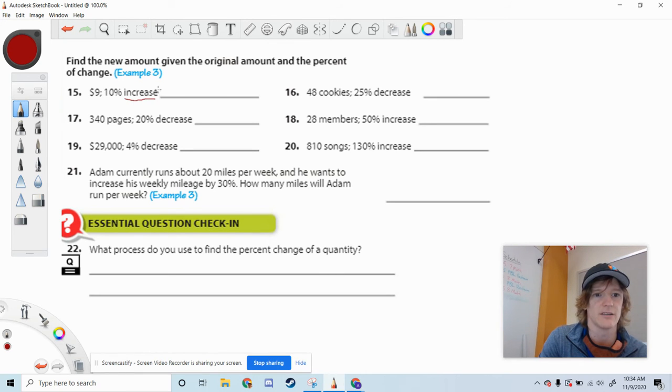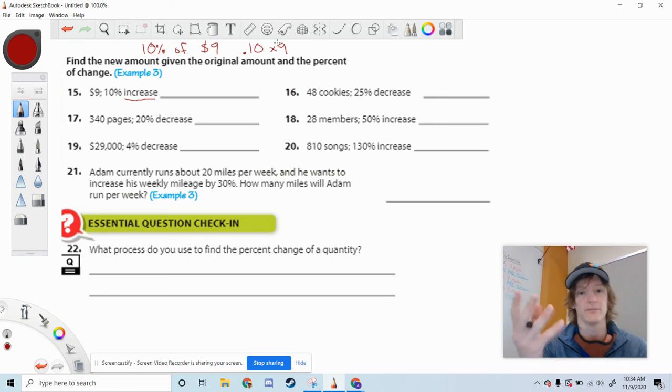So on this one, it's going to increase by 10%. We're starting with $9, and we're going to increase by 10%. Well, what we need to do is find out, first off, what is 10% of $9? We've got to multiply here. 10% is 0.10 of 9.